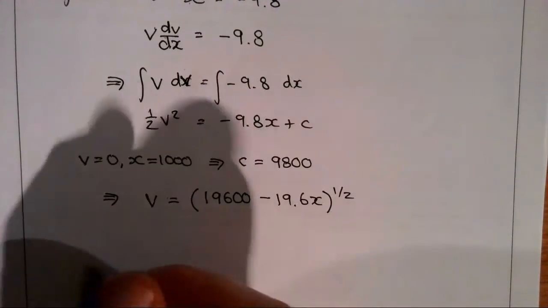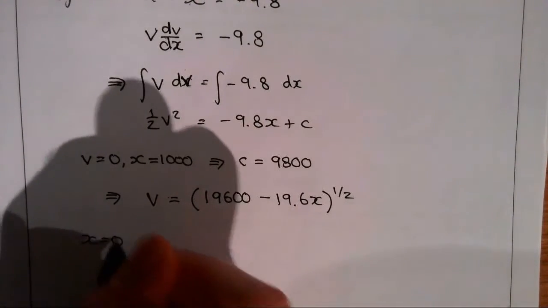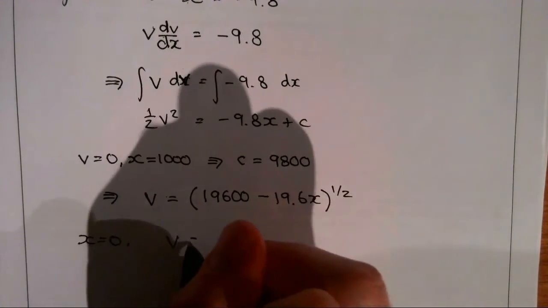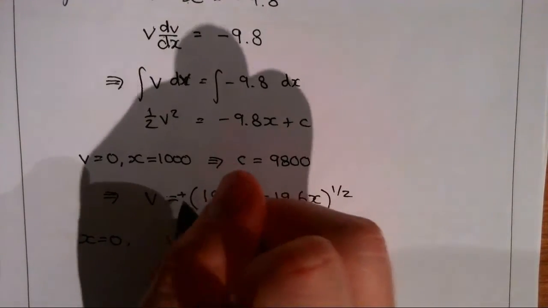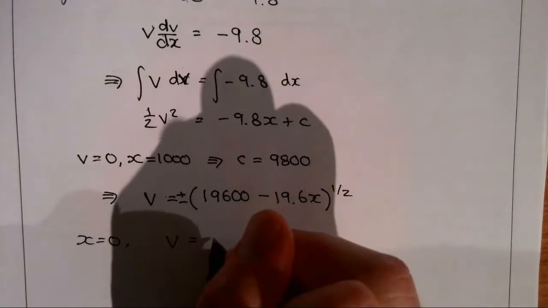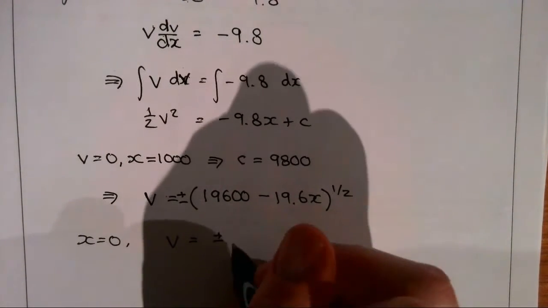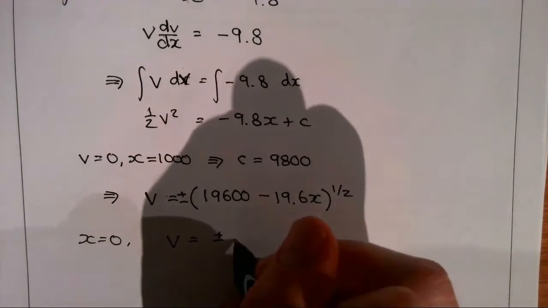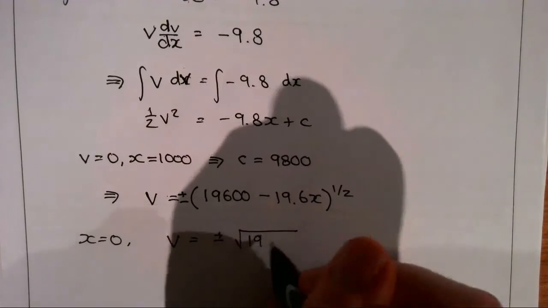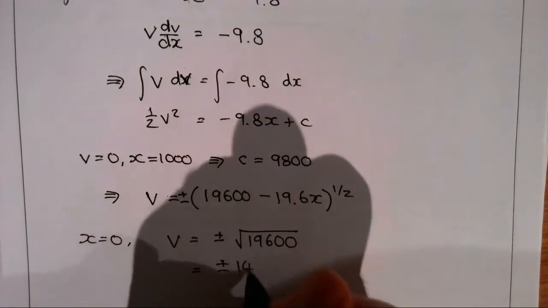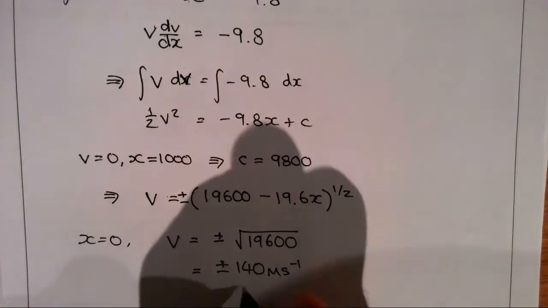And then if we substitute in x equals 0 to figure out the velocity when it hits the water, then the velocity is going to be, I'm just going to add in a plus or minus here because when we take the square root it could either be positive or negative, the velocity is going to be plus or minus the square root of 19,600, which is plus or minus 140 meters per second.